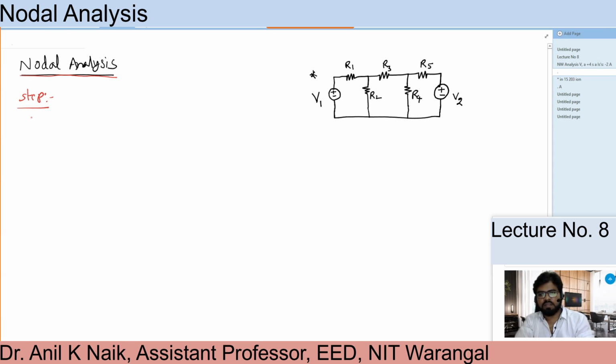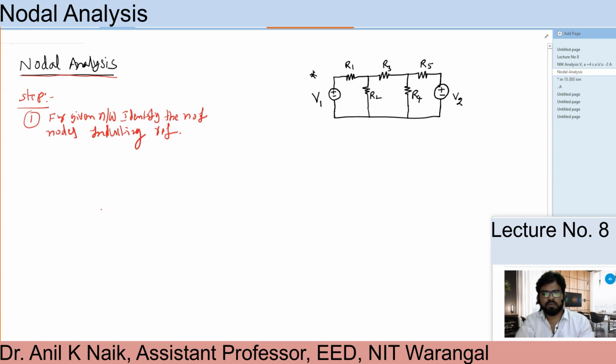The first step, for the given network, is to identify the number of nodes, including the reference node.